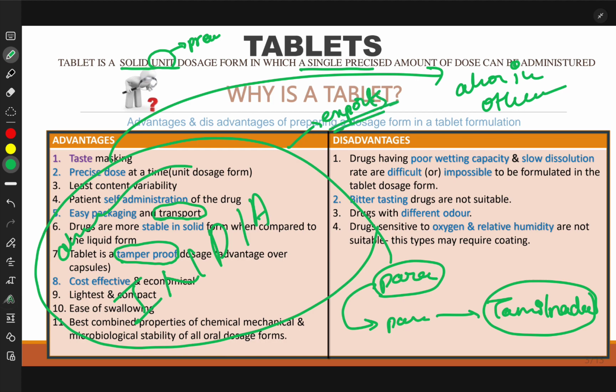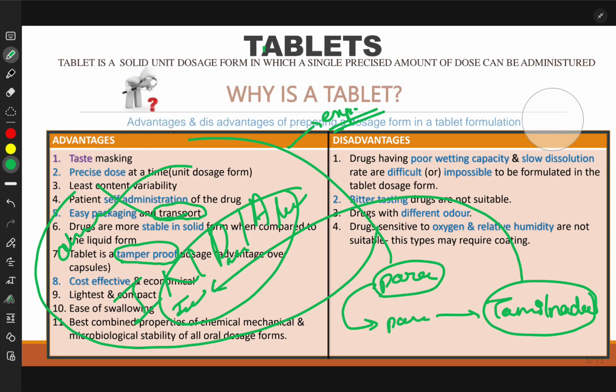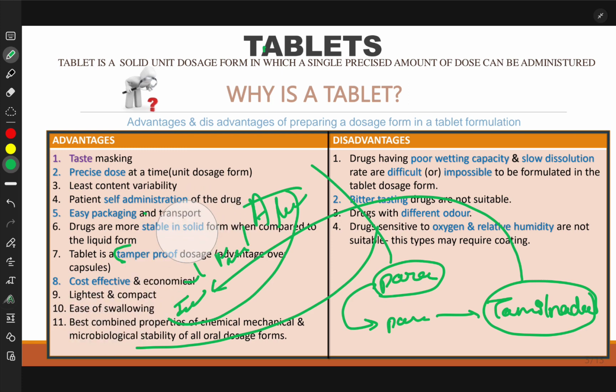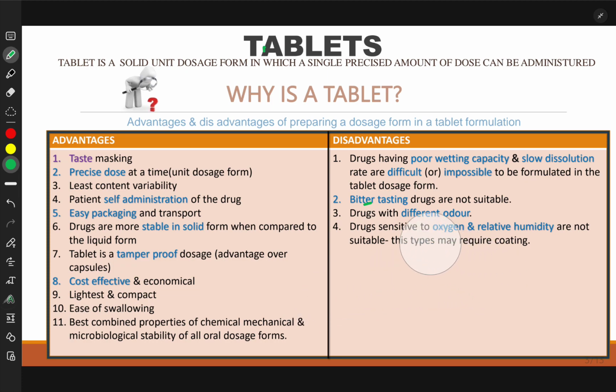That means it is transported from Tamil Nadu to Delhi, or maybe Hyderabad, or Lucknow, and from here it is transported through the sea route or flight or by road to other countries. That means these tablets are transported throughout the world from a place like Tamil Nadu. That means they should be subjected to many stressful conditions.